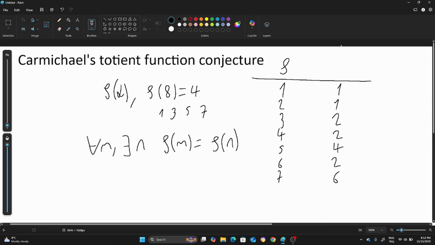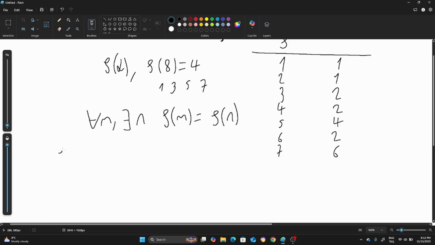Now what we can see is that for a prime, totient is going to be p minus 1, which makes sense because if we have 7, all the numbers up to 7 are going to be co-prime to it. So it makes sense to write p minus 1.